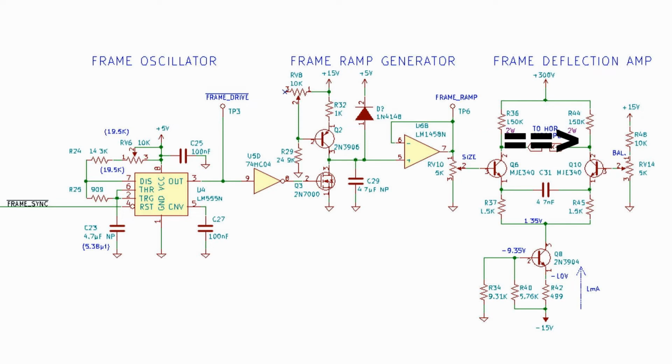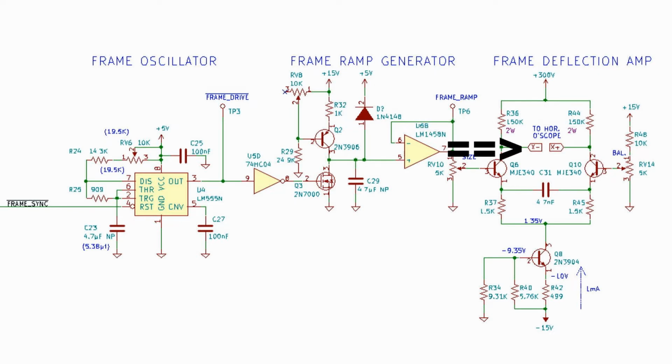When the input signal on Q6 goes positive and the voltage is held constant on the base of Q10, then the current will divide proportionally between the transistors. Q6 will draw more current, the voltage drop across the 150K resistor R36 will increase so that the voltage at X minus will go down.